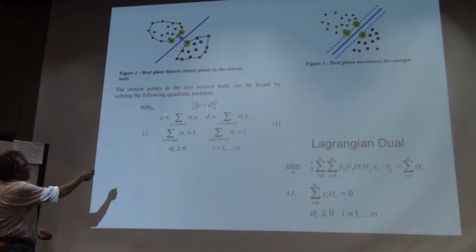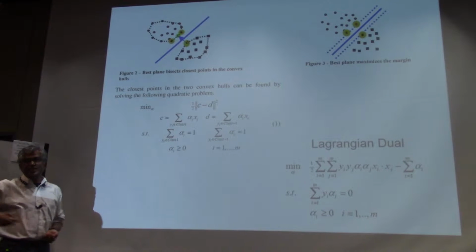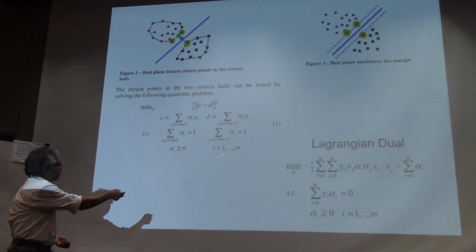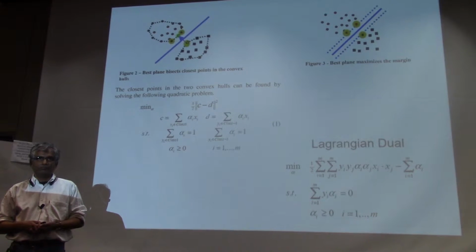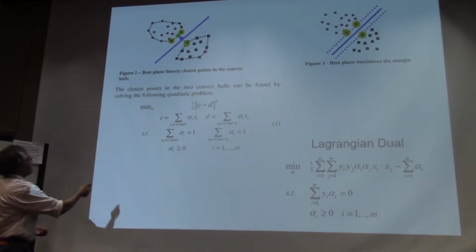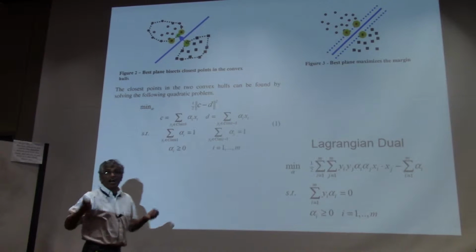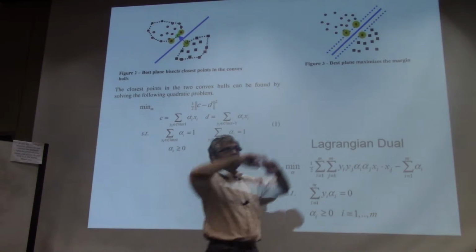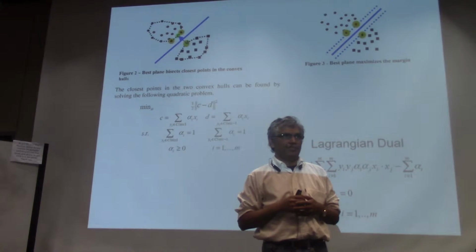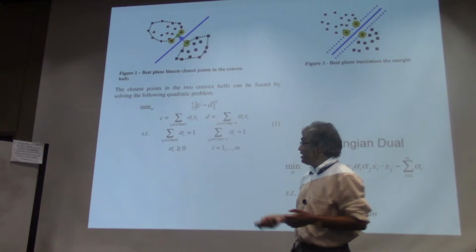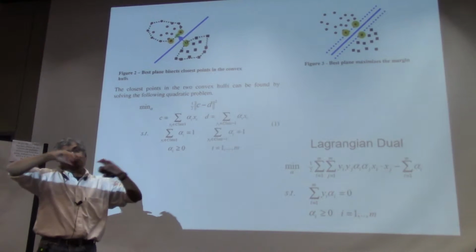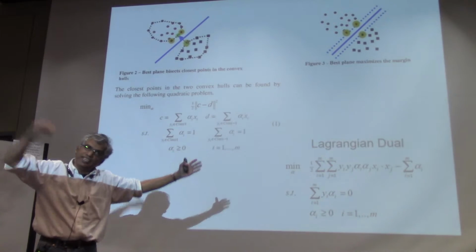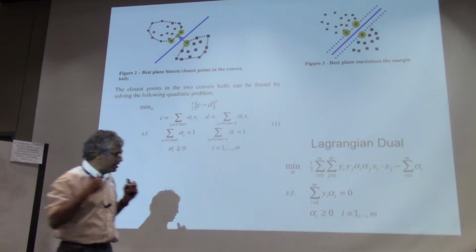So, I am minimizing this objective subject to a bunch of linear constraints. The linear constraints basically say that C and D are in the convex hull of the respective points. And talking about the convex hull of a point essentially is convex combination of a set of points will be in the convex hull. Now what is a convex combination?